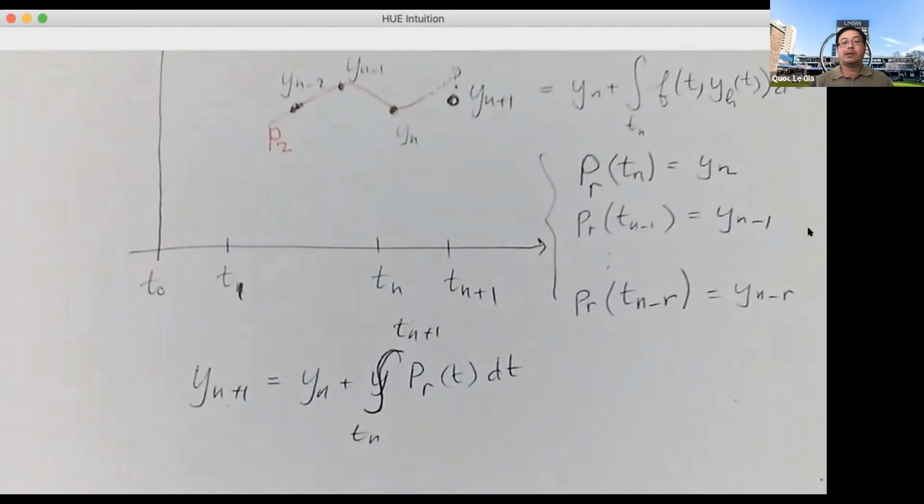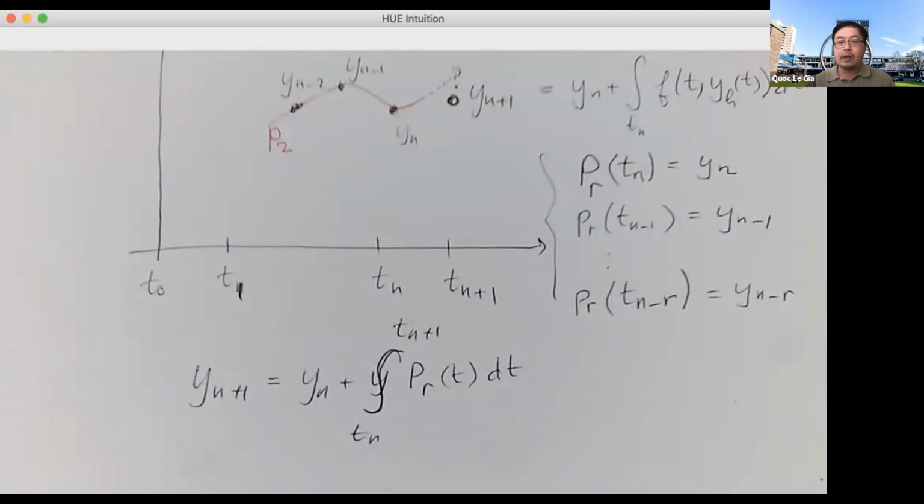Well, remember you studied interpolation already, right? So PR could be just the Lagrange polynomial that goes through those yn, yn minus 1, yn minus 2, up to yn minus r points. Okay, so I can choose PR to be the Lagrange polynomial.